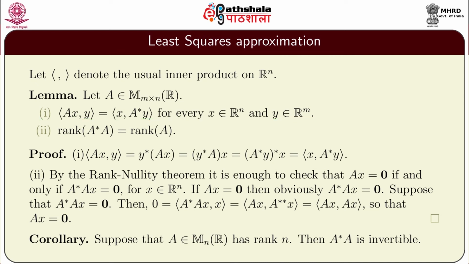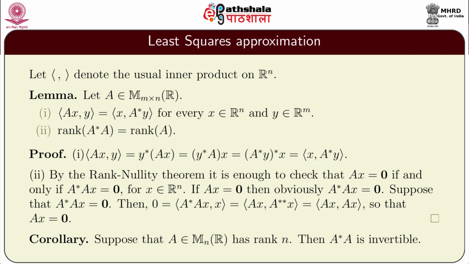And the second part says that rank of A star is the same as rank of A. Proof of part 1: inner product Ax comma y is the same as y star Ax, that is by the definition of the usual inner product, and that is (A star y) whole star x, and that is inner product x comma A star y.